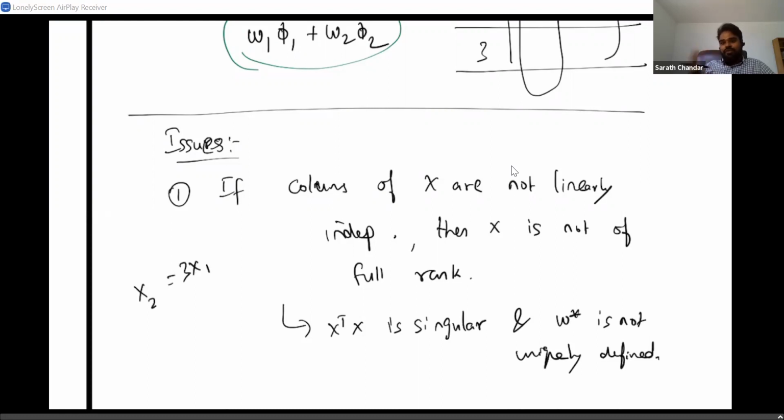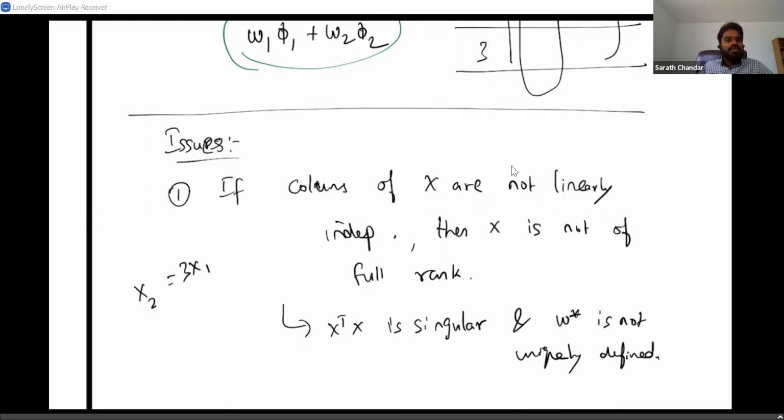Now these are perfectly correlated, so the rank is reduced by 1. When you have a matrix that is not full rank, X transpose X is singular and W star is not uniquely defined. How would we solve this problem? Can anyone raise a hand?